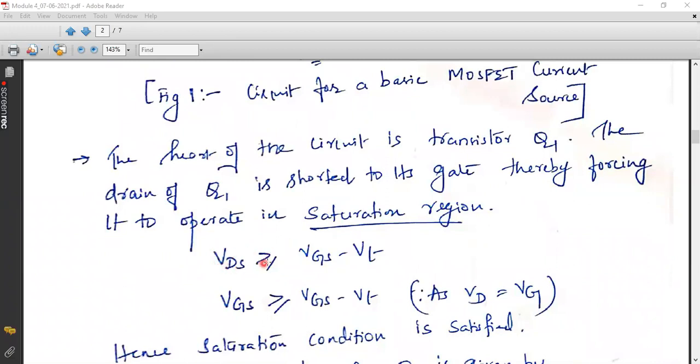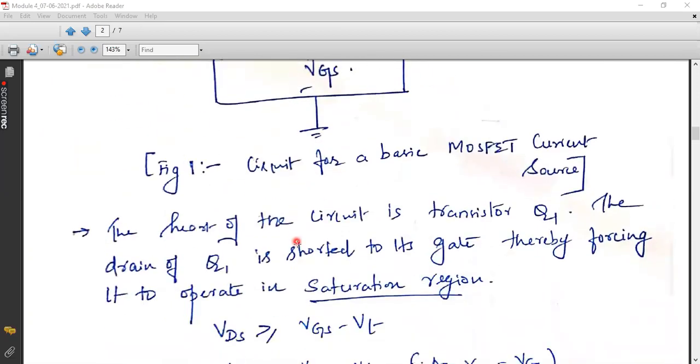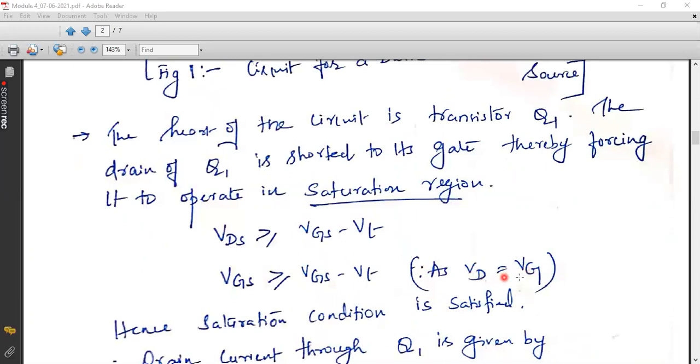This is the condition to be satisfied in order to maintain an NMOSFET in the saturation mode. This we have already discussed in the first module. But if you short the drain and gate, then the voltage at the drain is equal to the voltage at the gate. So since VD is equal to VG, VDS can now be written as VGS, because drain potential is equal to gate potential.